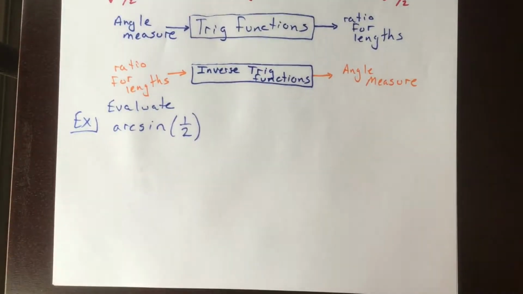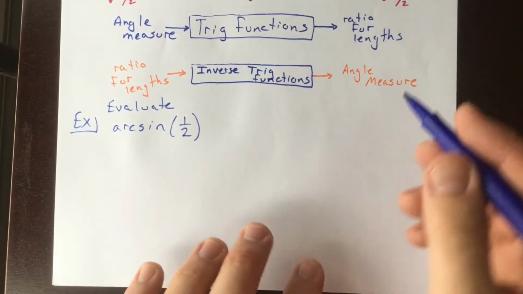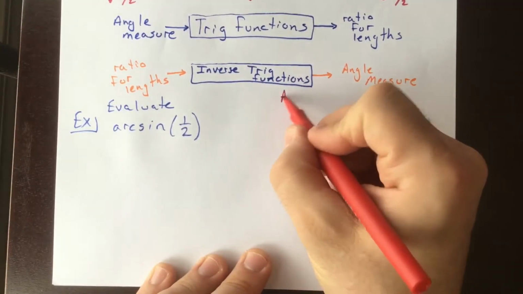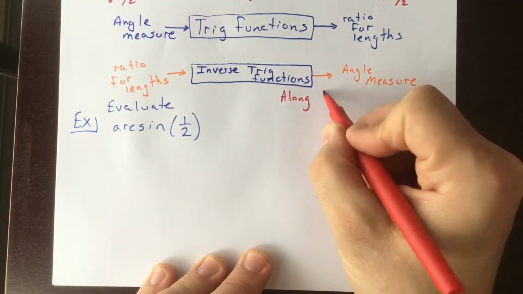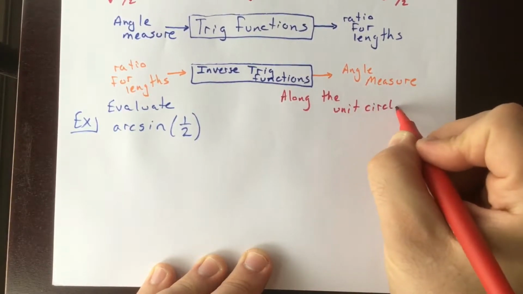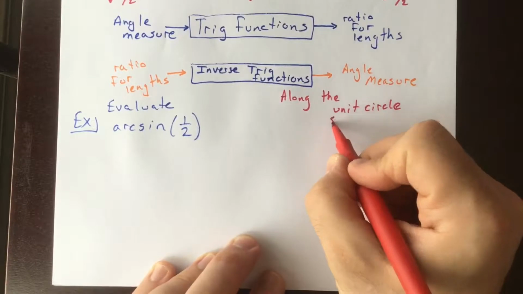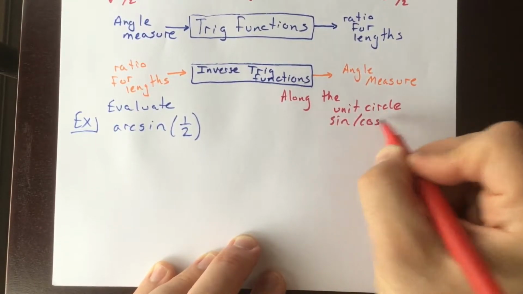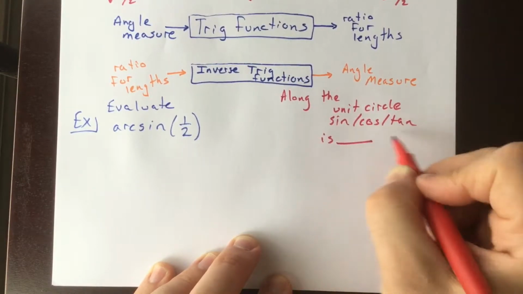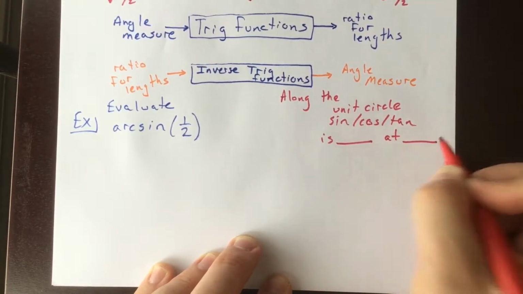How we're going to think of this is along the unit circle, sine, cosine, or tangent is blank at blank.